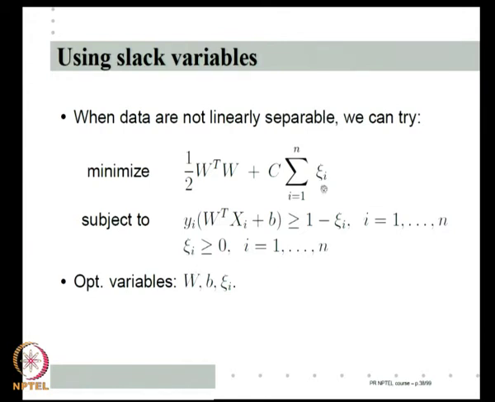So essentially xi_i measures a penalty of how much you are unable to satisfy your required separability constraint. If I did not have this minus xi_i, y_i (w transpose x_i plus b) greater than or equal to 1 is my separability constraint. I am unable to get w, b so that for each i it is definitely greater than or equal to 1. I said, okay, at least get it greater than or equal to 1 minus xi_i for some slack xi_i. Now, I do not want too much slack.